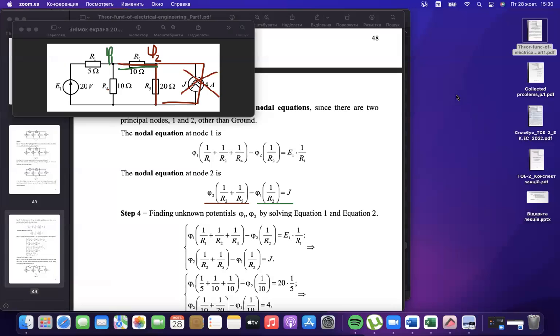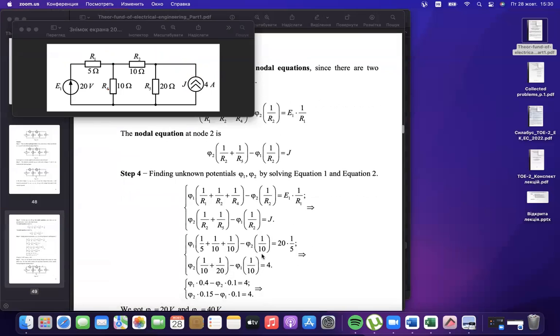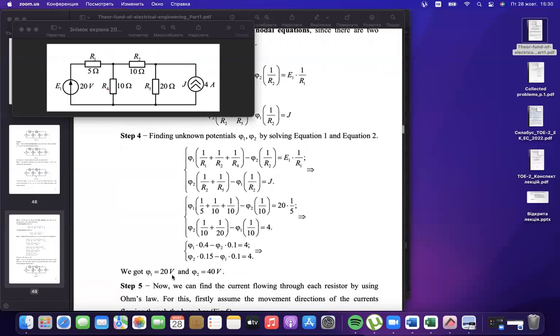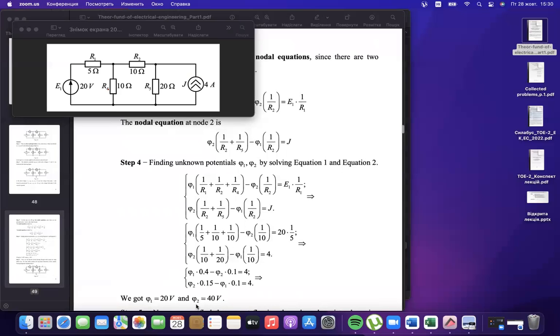It is here. The source that is connected to potential phi2, here with this source. As the result, we have 2 equations, the system. Substituting numbers inside this system and obtaining the value of the potentials. That is the view of the equations, how we write it.